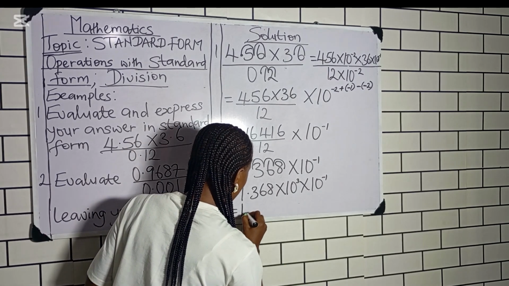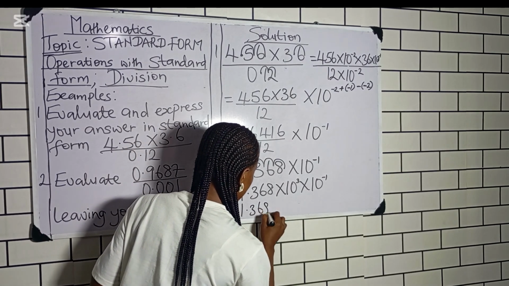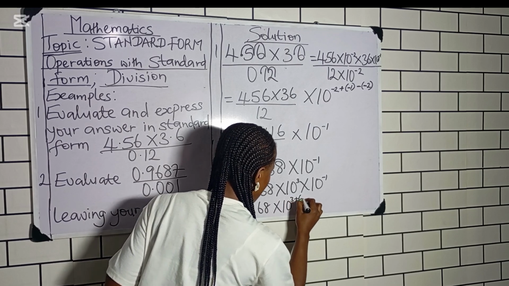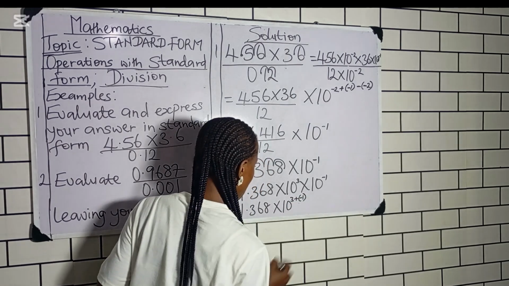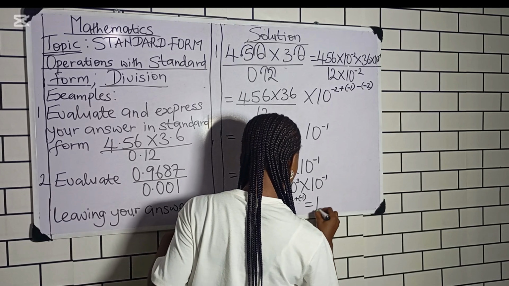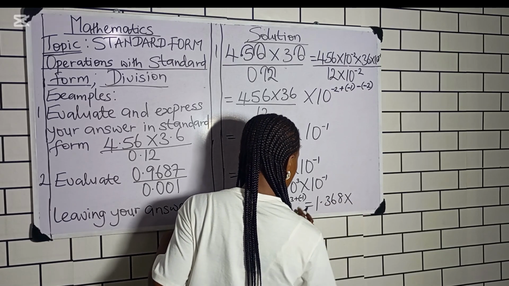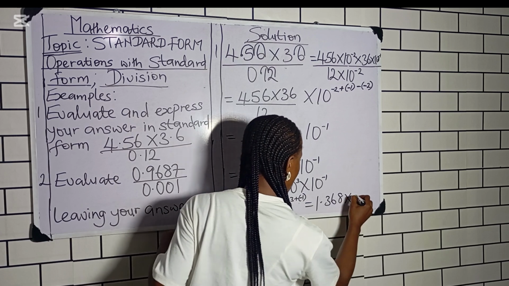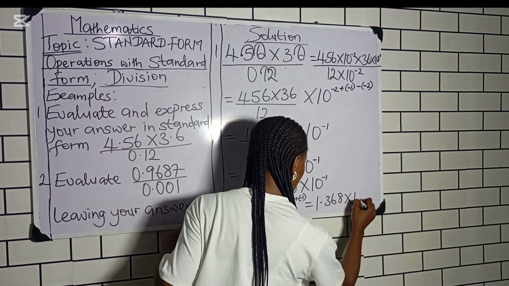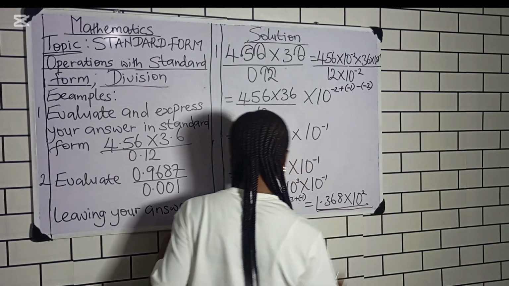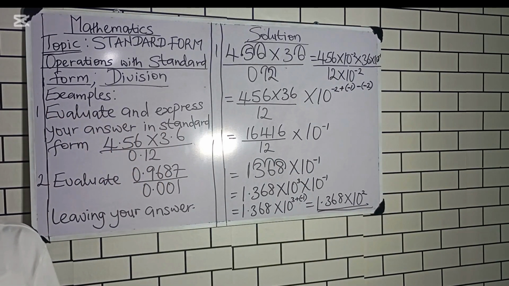This will give us 1.368 times 10 raised to power 3 plus bracket minus 1 bracket. 3 plus minus 1 will give us 2. Therefore, we have 10 raised to power 2. This is our final answer for question number 1 under division.